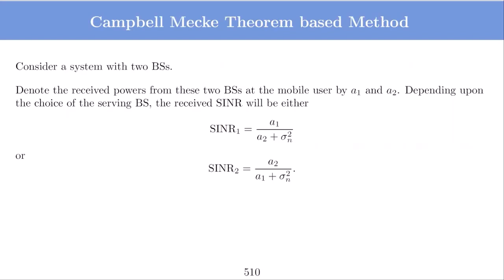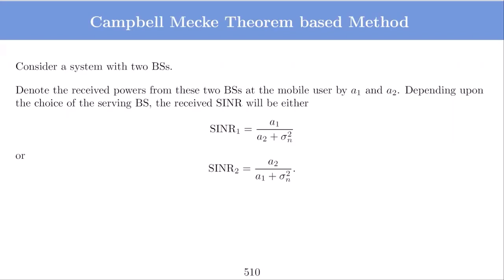Consider a system with 2 base stations and some noise. We have to select between these 2 base stations, and we want to do instantaneous base station association. Denote the received powers from the 2 base stations at the mobile user by A1 and A2.